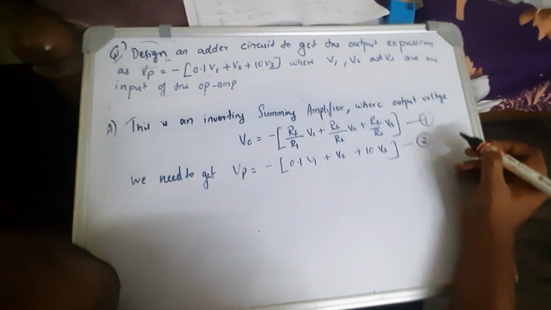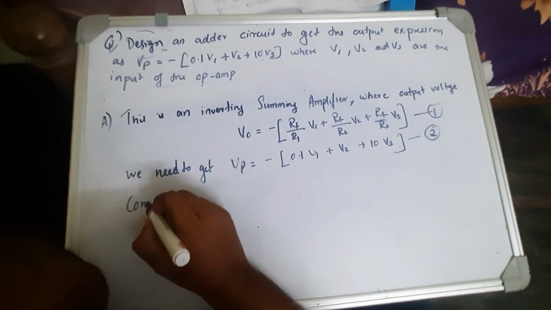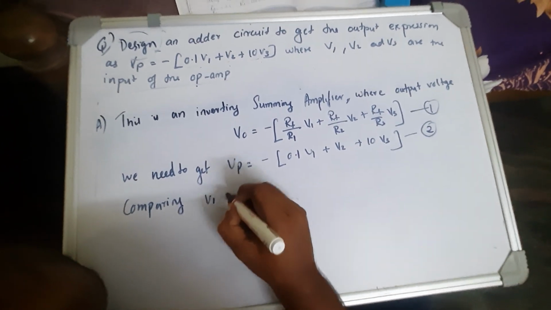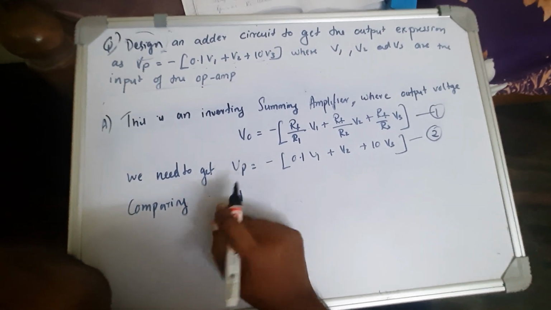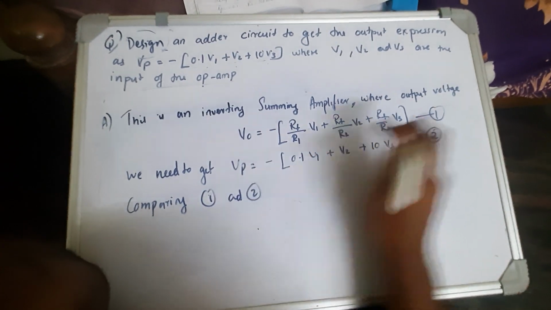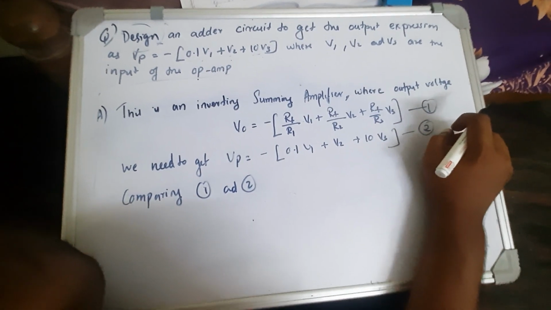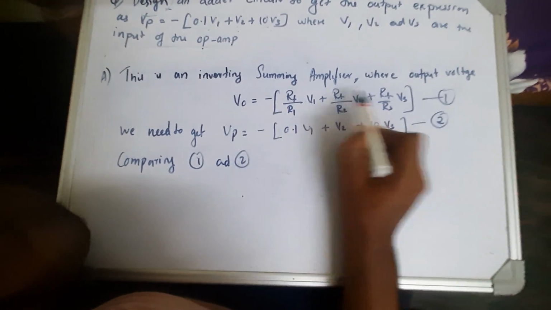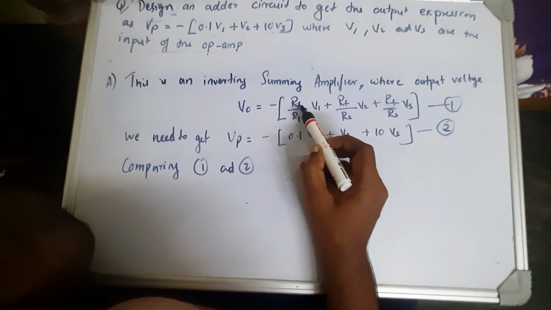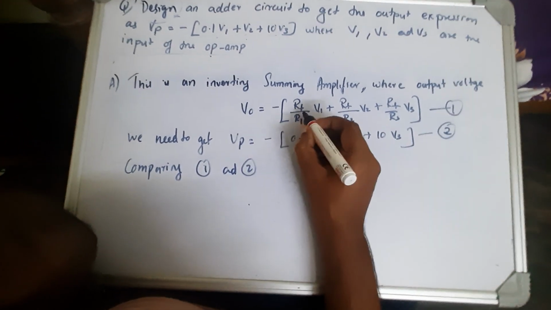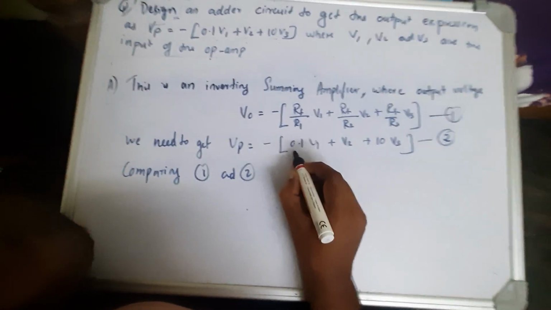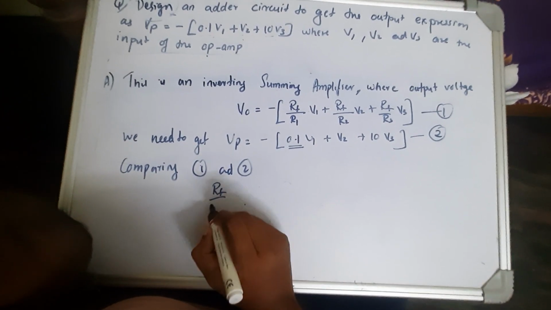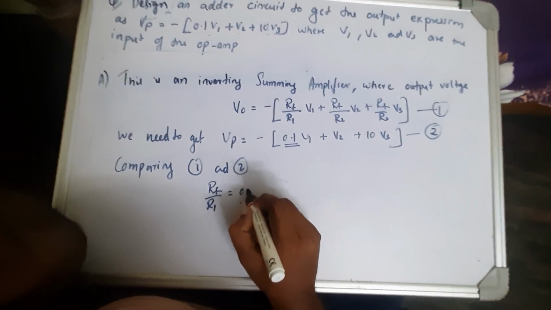So that's equation 2. Comparing equations 1 and 2, we can already see that the equation is of the same structure, so we can compare and write that Rf by R1 equal to 0.1.